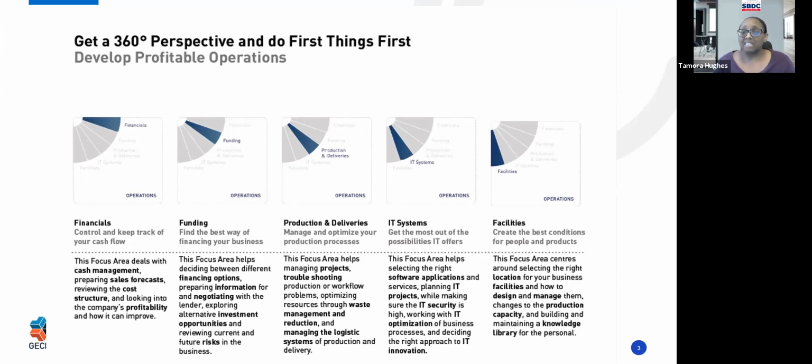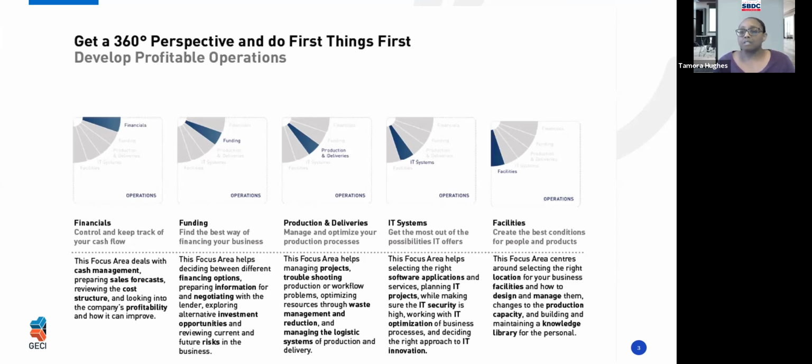Then there's the IT systems, and you can get the most out of this worksheet because it gives you an option to figure out some of your IT offerings that you may subscribe to. So that would be your software applications, your IT planning projects, your security, how to optimize your business processes, and just really looking at the overall approach of IT innovation.